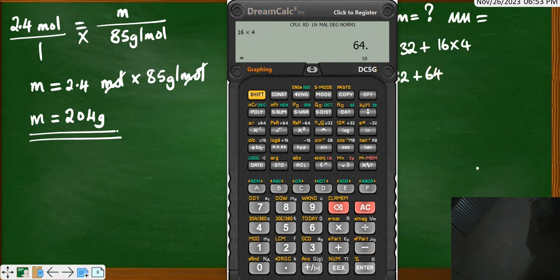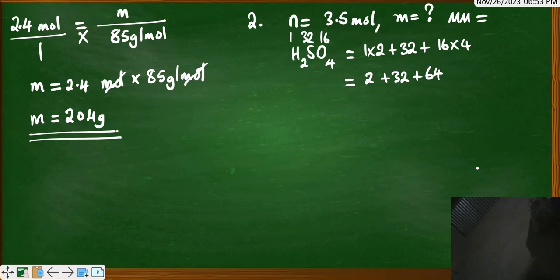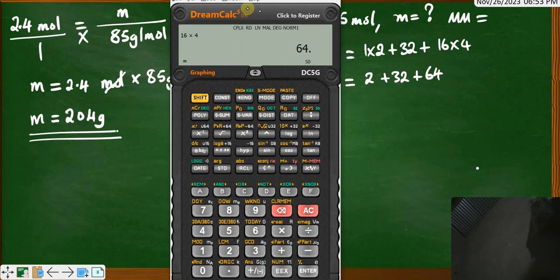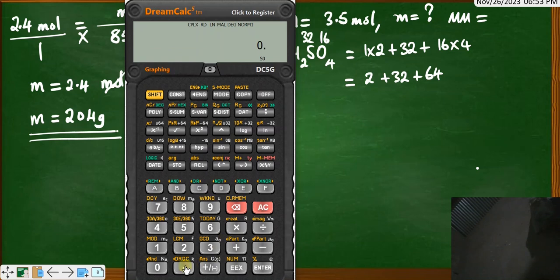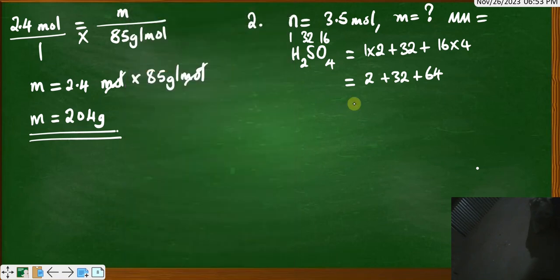Okay, so now we total everything. So we can say 2 plus 32 plus 64, which would be 98. So meaning molar mass will just be 98 grams per mole. That will be molar mass.